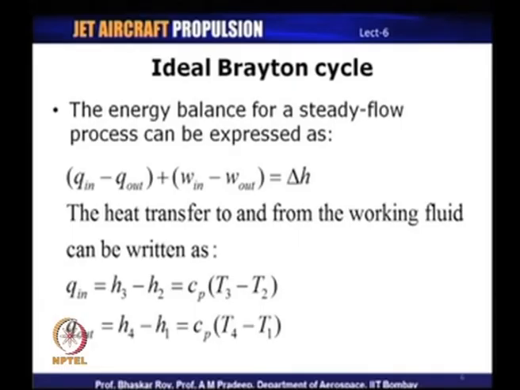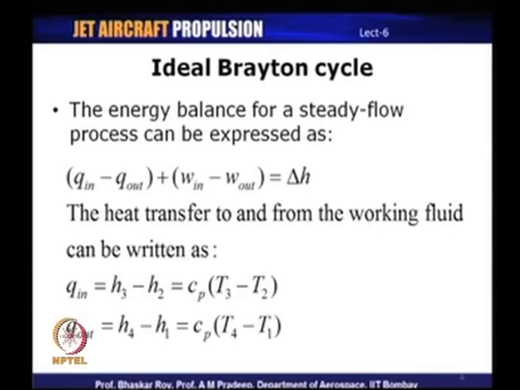So, what are these terms Q in and Q out? Q in is the net heat transfer to the system, which is basically the net change in enthalpy between states 3 and 2, because those are the two states during which heat is added to the system. So, the difference between the enthalpies at state 3 and state 2 is basically the net heat input.